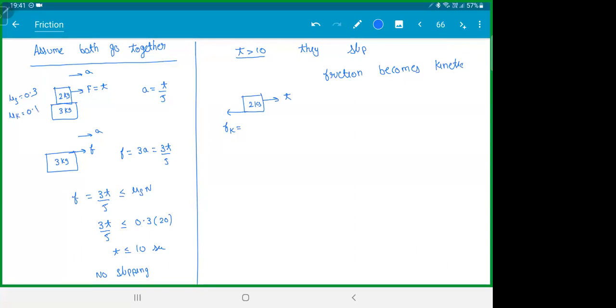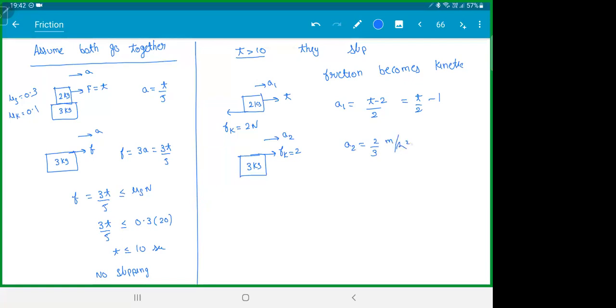The friction value will suddenly drop. That is 0.1 into 22 newtons. So this would be the acceleration. A1 will be (T minus 2) by 2, so this is T by 2 minus 1. If you take the 3 kg block, the friction Fk will be 2 and the acceleration will be A2. So A2 will be 2 by 3, which is constant.